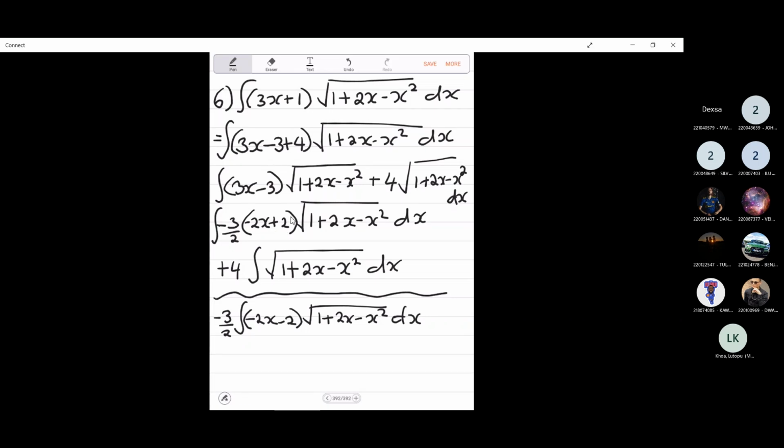Okay, and then, like I said, the first one, for space, I have negative 3 over 2 times the integral of minus 2x plus 2 times the square root of 1 plus 2x minus x squared dx.